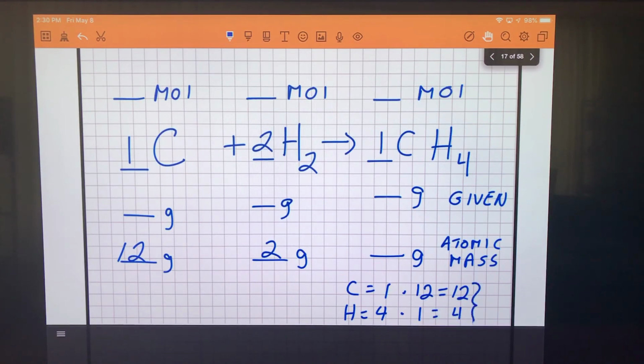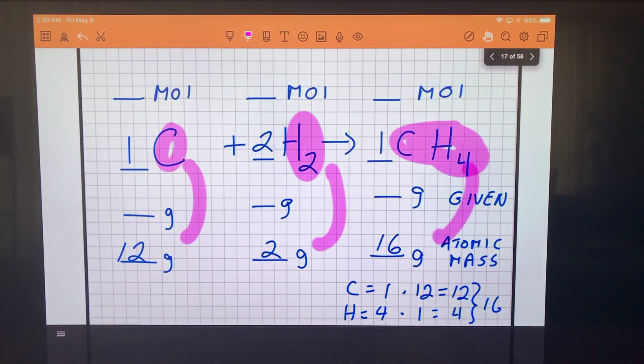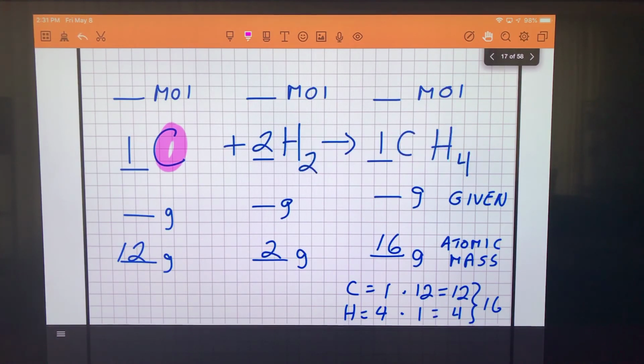And when I put those together, I get a mass of 16 grams. So notice it's not 12 plus 2. We have to add each one of these up separately. So this one, and that one, okay? And they each correspond to a mass. All right, we'll clean that up a little bit there.